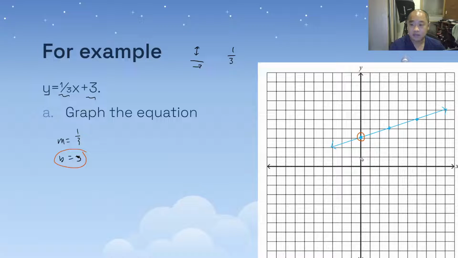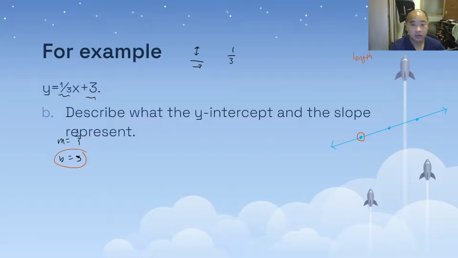The y-axis, remember, this is the length of the gecko, right? Can you see that? Yeah, just under my face. So what that means is at birth, the gecko was 3 inches. That's what the y-intercept represents. The slope represents how much it grows every week. It grows 1/3 of an inch.